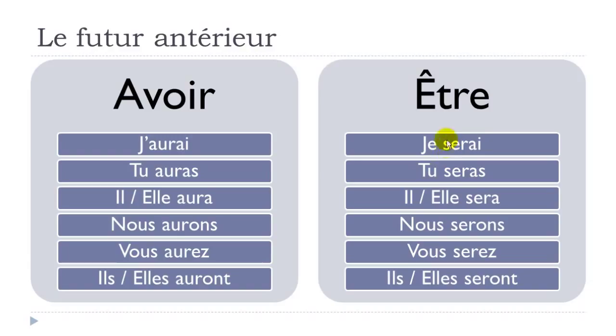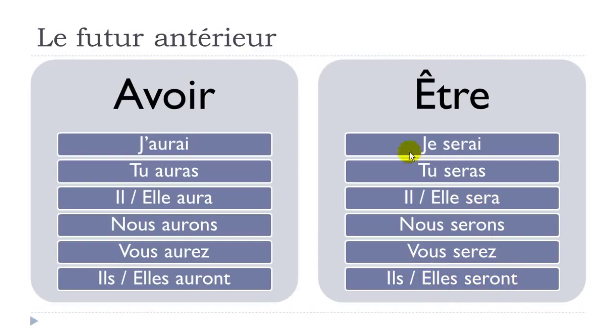Okay, the first S is quite strong, serai. Alright, then tu seras, final S not pronounced, tu seras, il sera, elle sera, nous serons, so final S not pronounced, then O-N, on, serons, vous serez, Z together at the end, serez, alright? Ils seront, final T not pronounced, and then you've got this nasal, on, seront, elles seront.